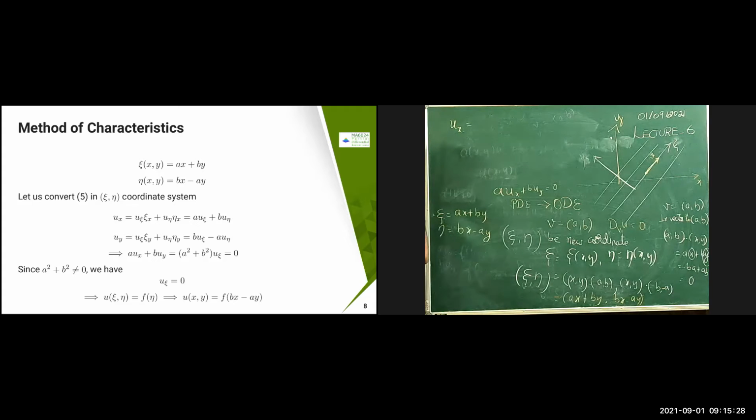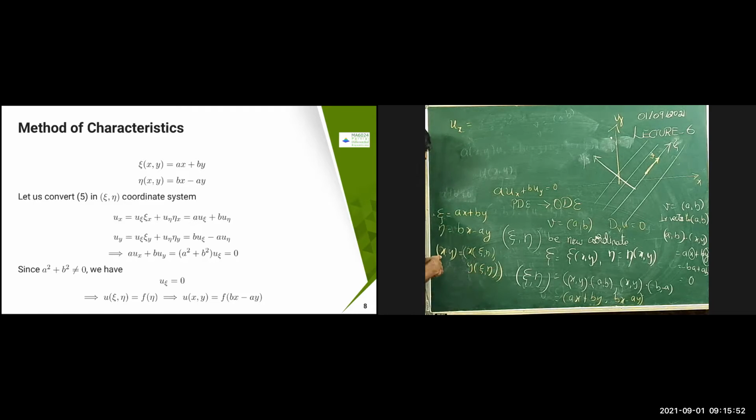See here, chi comma eta is ax plus by. Therefore from this one, if I want to find x comma y, that also I can find. This can be written as x of chi comma eta, and y of chi comma eta.